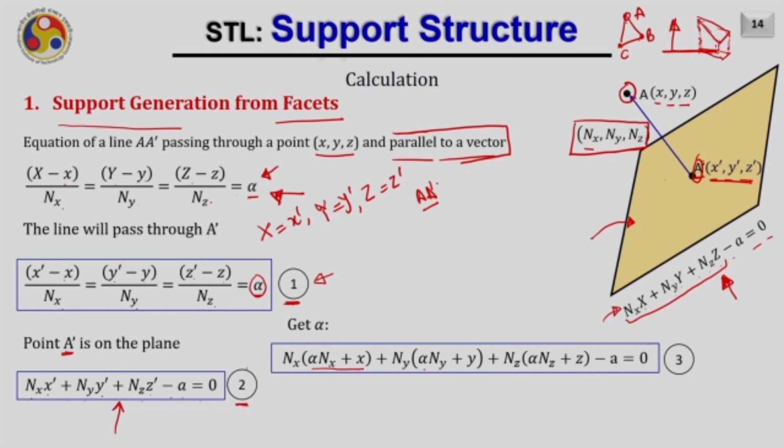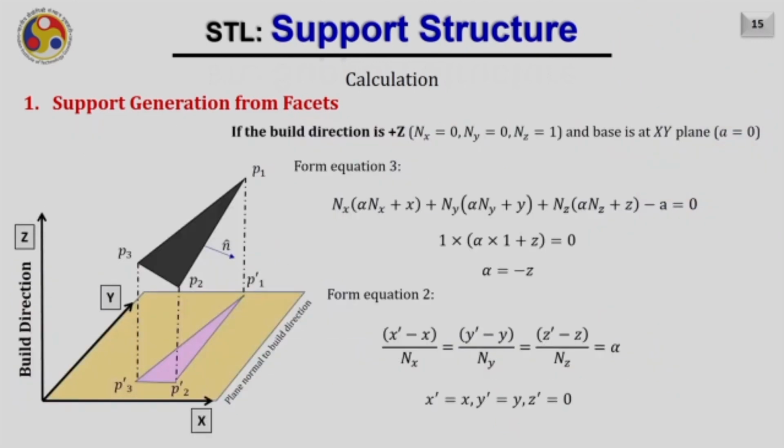Similarly, I can write y dash equals to alpha ny plus y and z dash equals to alpha nz plus z, and hence this is my equation number 3. From this equation, I can easily find out the value of alpha because that is the only unknown here. Once I know the value of alpha, I can put it into equation number 1 and find out x dash, y dash and z dash.